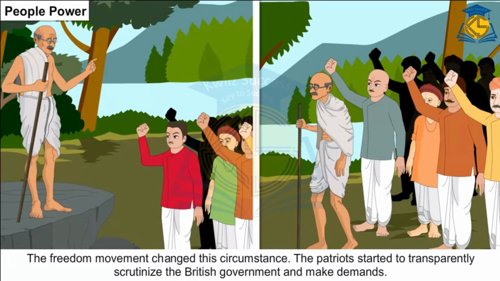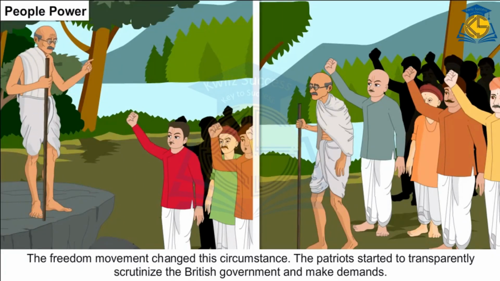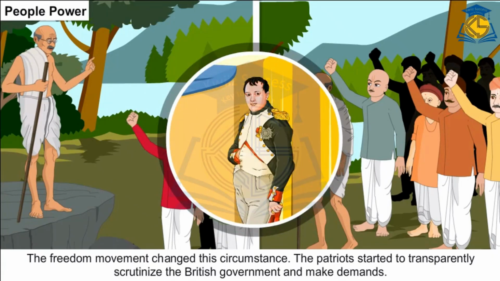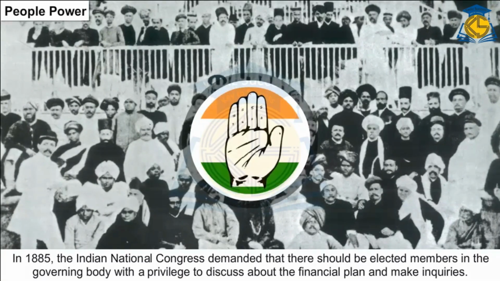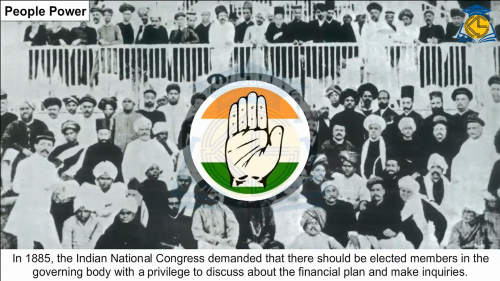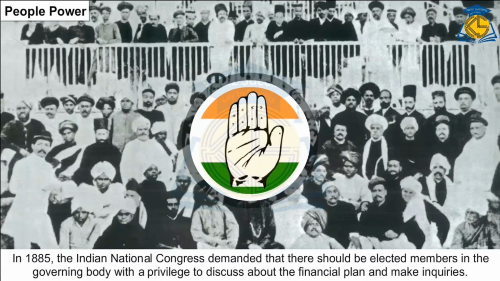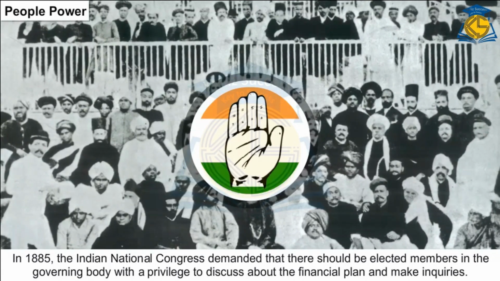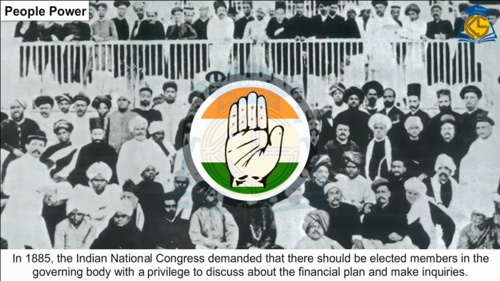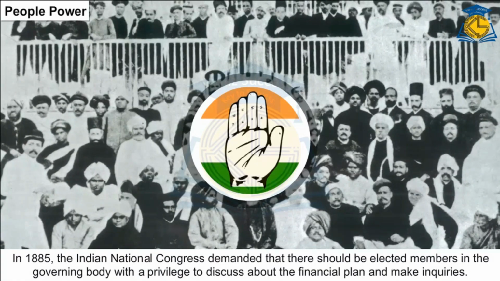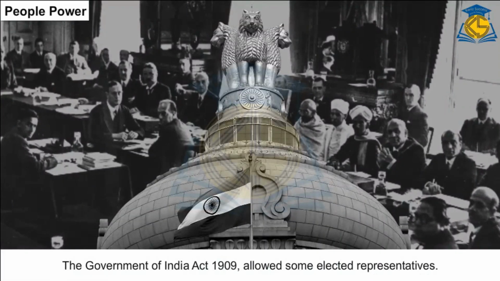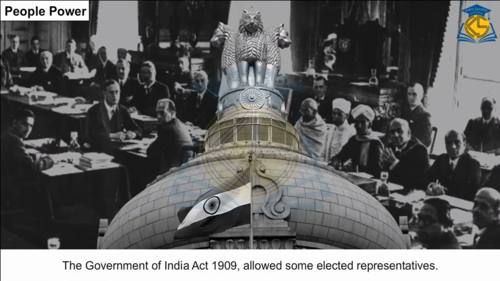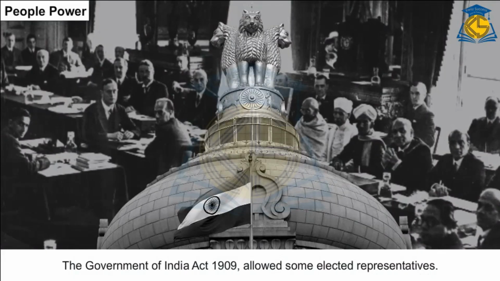The patriots started to transparently scrutinize the British government and make demands. In 1885, the Indian National Congress demanded that there should be elected members in the governing body with the privilege to discuss the financial plan and make inquiries. The Government of India Act 1909 allowed some elected representatives.